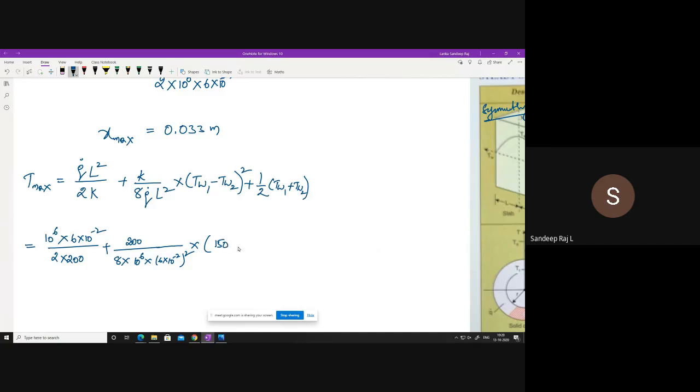Let me write it as 150 minus 130 whole square plus half of 150 plus 130.